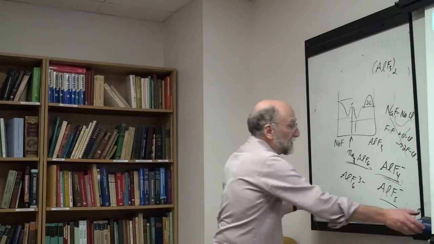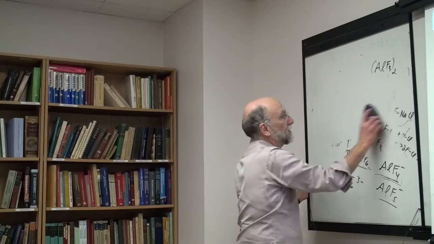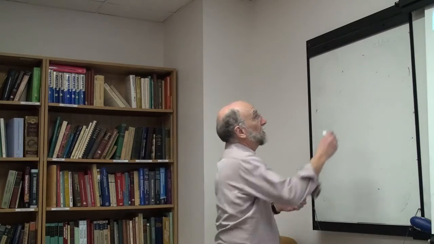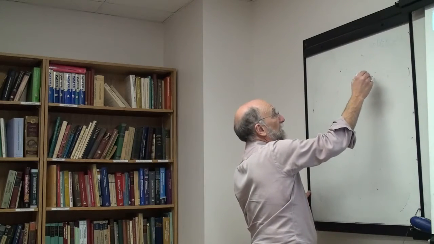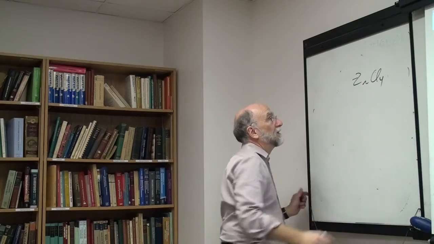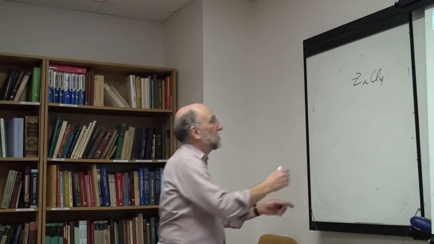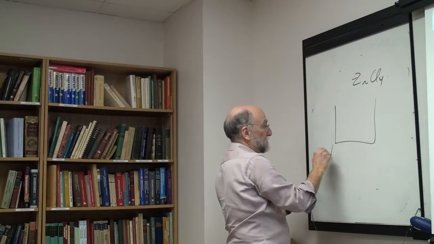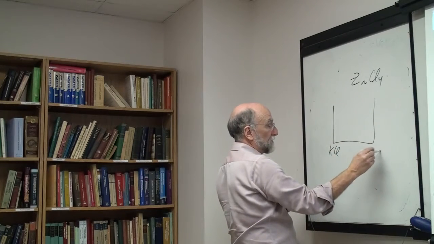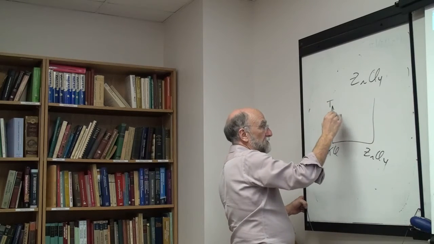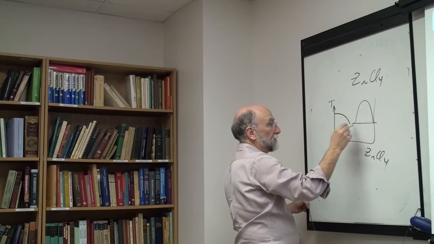All right, so now when you get to systems that are tetravalent, such as zirconium, you go to something like ZrCl4. ZrCl4 is again a molecule, and now what you find is you take something like KCl. We gave this for a homework problem. ZrCl4. Again, you're going to have a phase diagram that's going to look something like this.